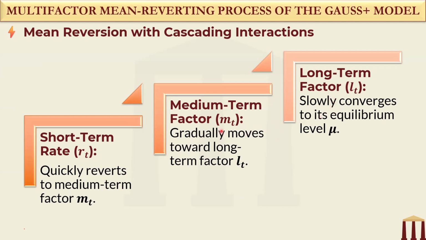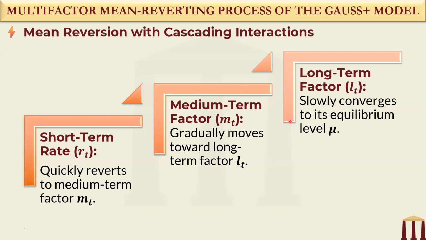Okay. Now it's important to understand that these medium-term rates capture the shifting market expectations and economic cycles. So the medium term factor also captures the economic cycles as well, right? And the long term factor responds quite slowly to structural macroeconomic trends. So what is the result of these interactions?